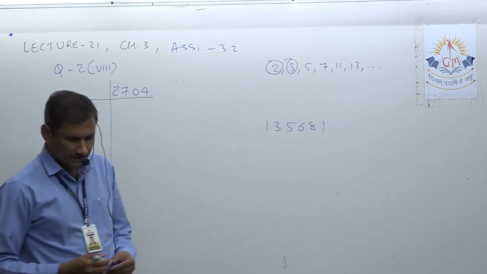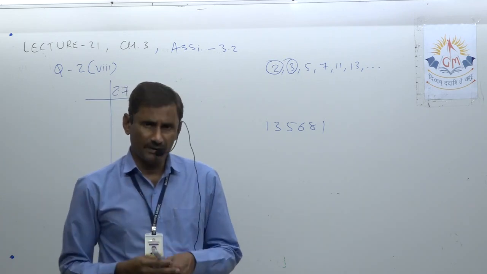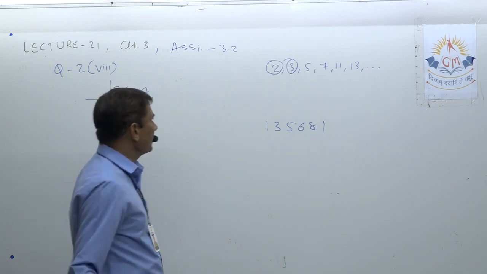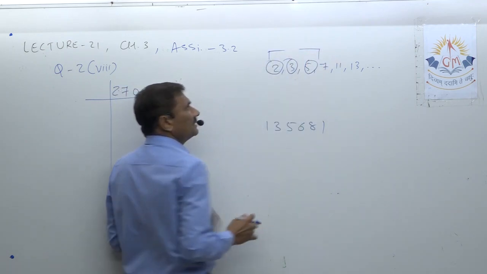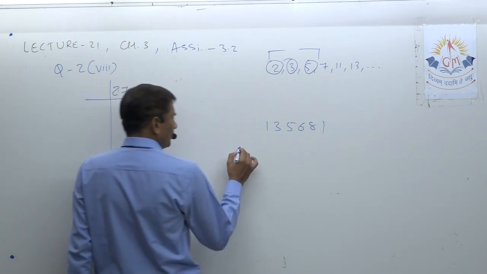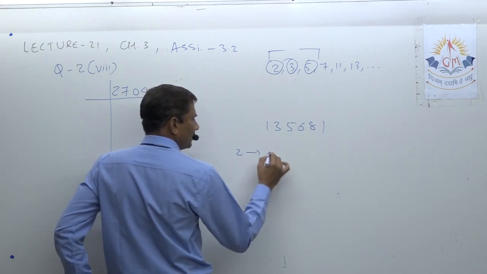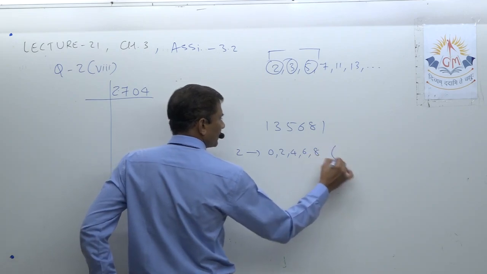Understood? So this is the rule of 3. Now you know the divisibility rule of 5 also. If the last digit is 0 or 5, then the number is divisible by 5. So these three numbers' divisibility rules are important. For 2, the last digit should be 0, 2, 4, 6, 8, means even.